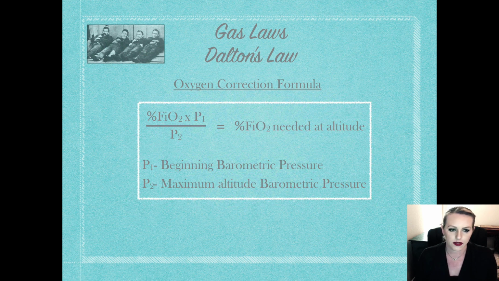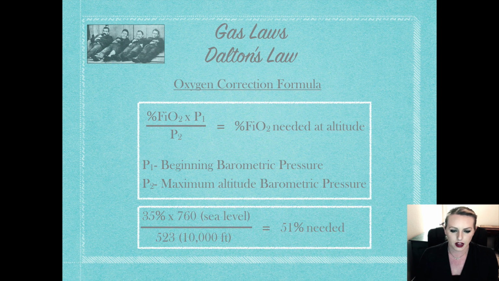What we can do is take the beginning barometric pressure, so where we're at, multiply that times their FiO2, and then divide it by our maximum altitude barometric pressure. So whether you're going into a higher altitude or a lower altitude, this will still work.